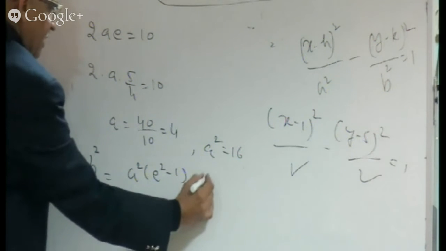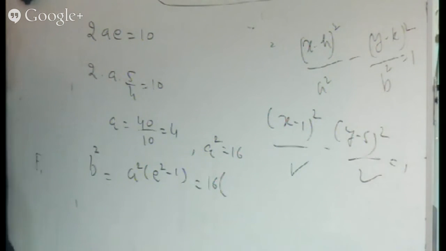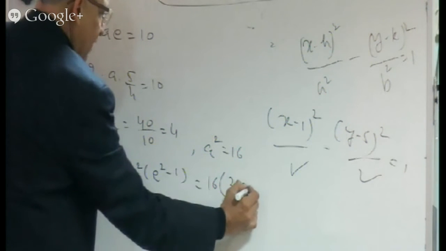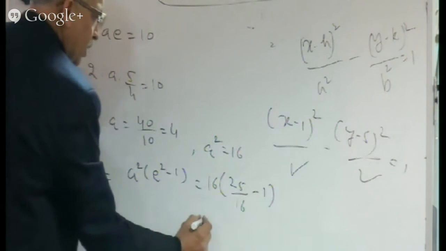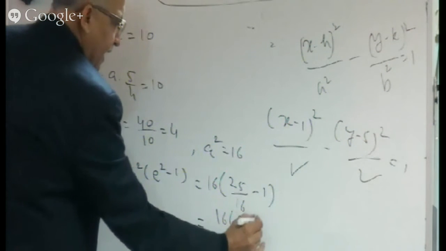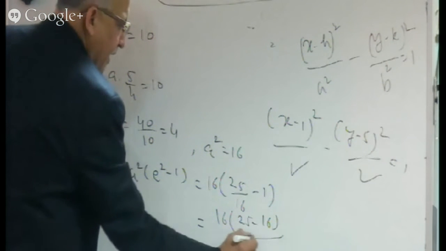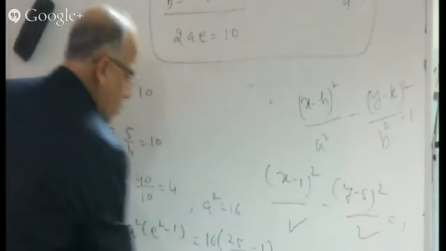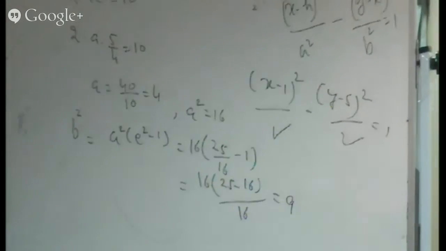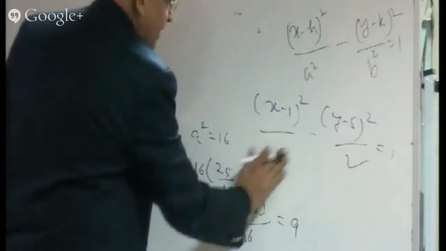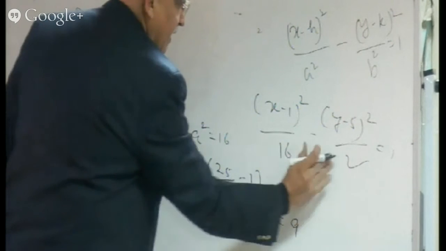A square is 16. E square is 25 by 16 minus 1. So it becomes 16 into 25 minus 16 divided by 16. That means 9. So we have obtained that B square is 9 and A square is 16. So I should write 16 here and 9 here.